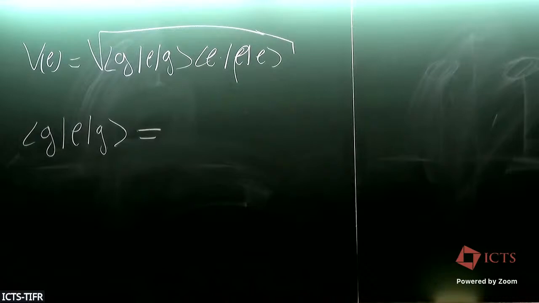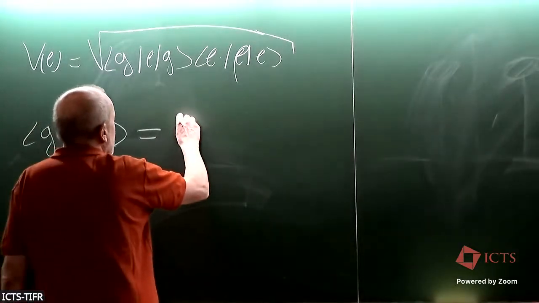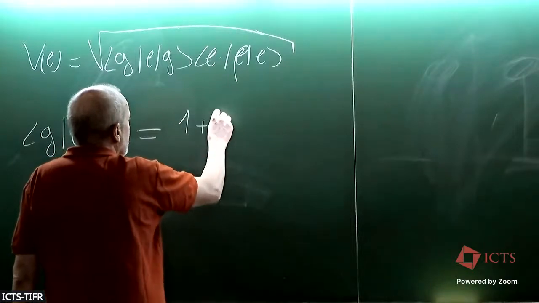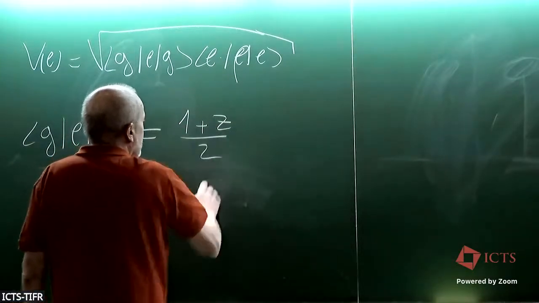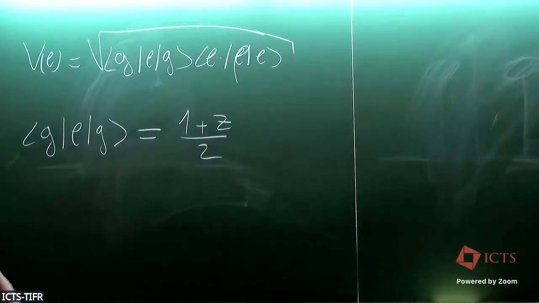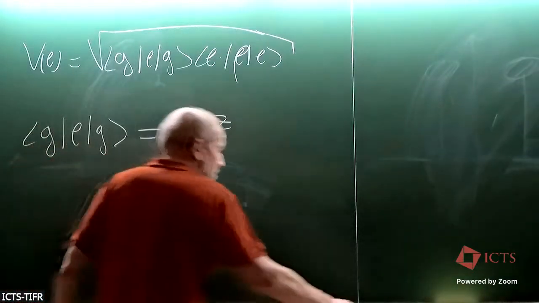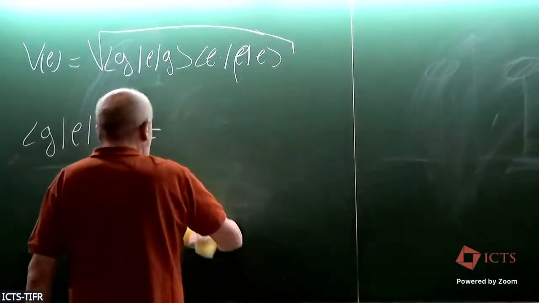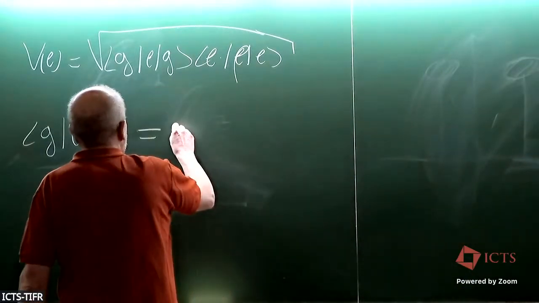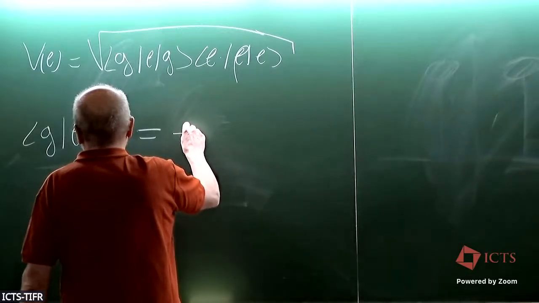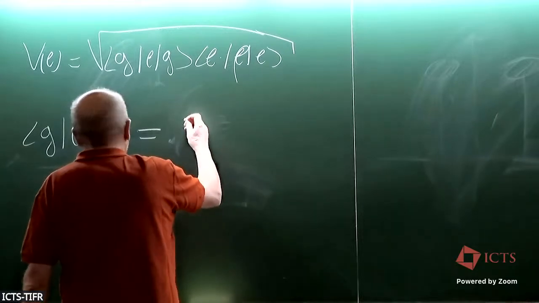It is 1 plus z over 2. You agree? When z is equal to minus 1, it is, no, it is z. It is minus z. Yes. Z is between... anyway.